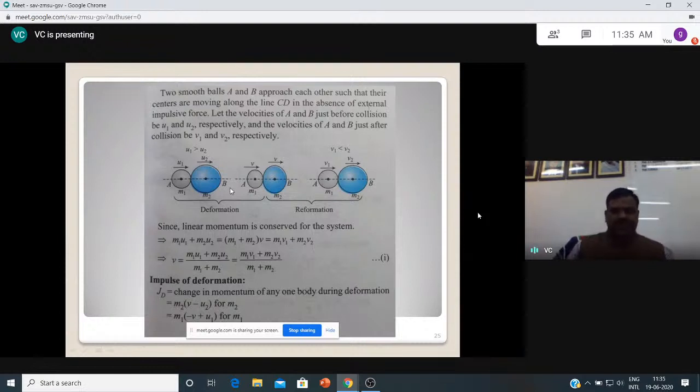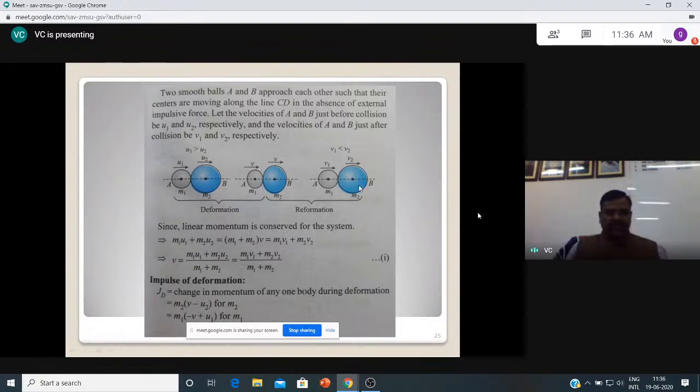In the absence of external impulsive force, let the velocities of A and B just before the collision be u1, u2, and after the collision be v1, v2. Because this ball is heavier, when it hits, compared with this one, this is less, obviously. Now the momentum is equal to m1u1 plus m2u2. Then together it is moving. m1 plus m2 is the constant.